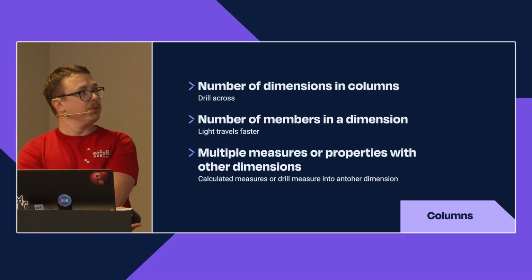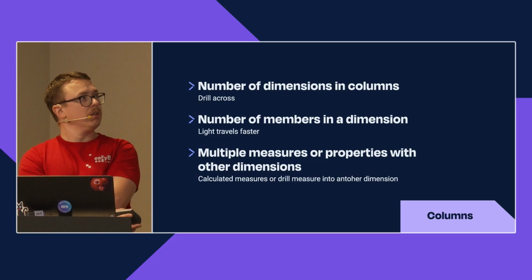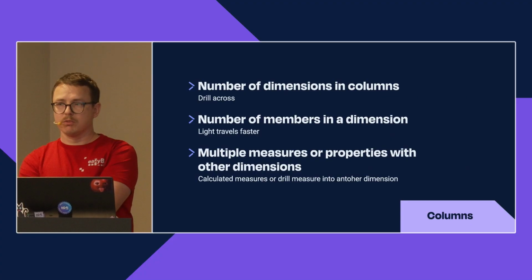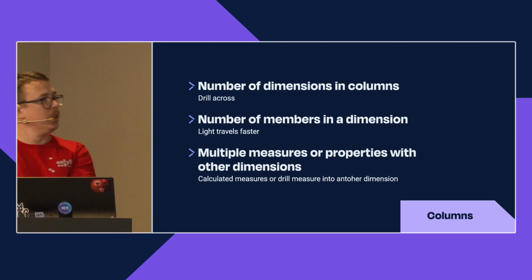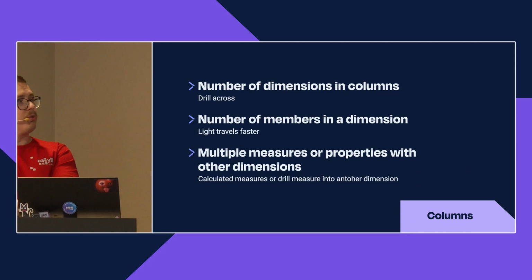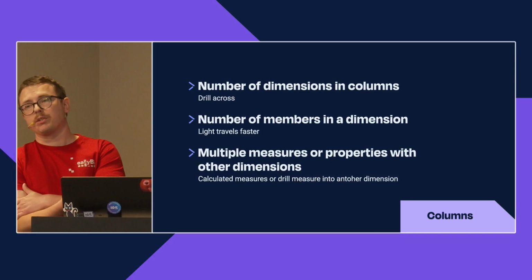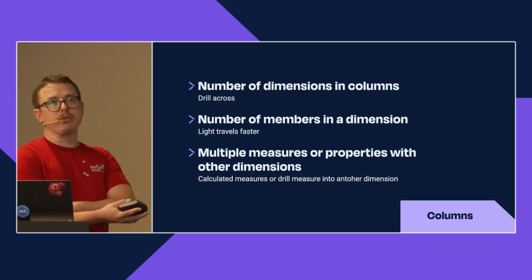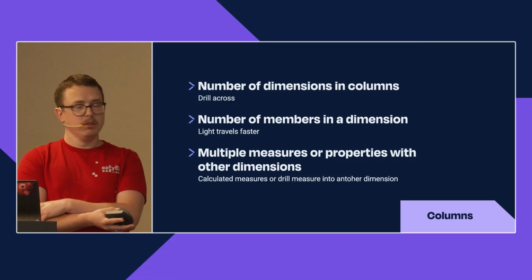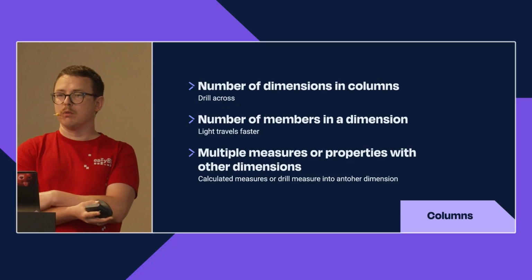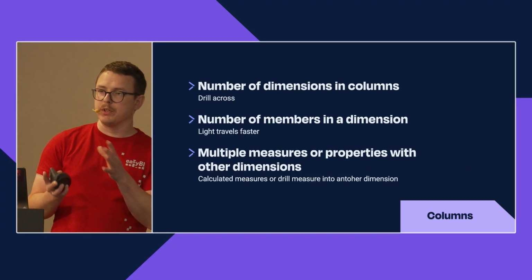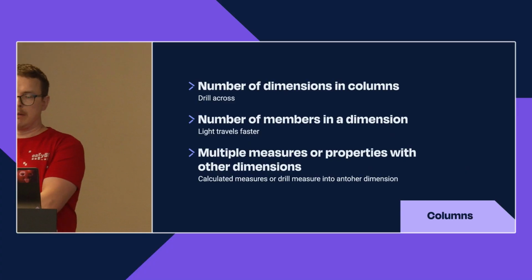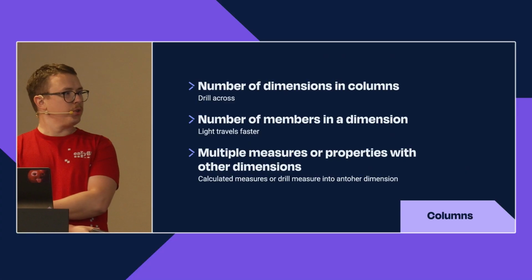So, yeah, use less or none in columns, or if you do, then try to use ones with fewer members. And when you have multiple measures and properties in the columns, try to split them with the drill into option.